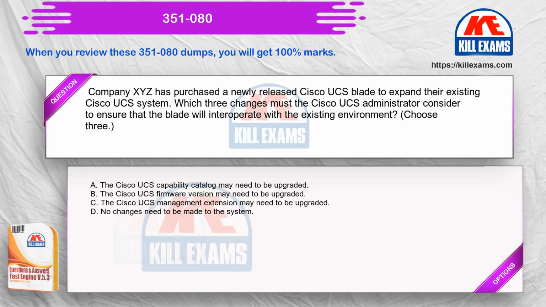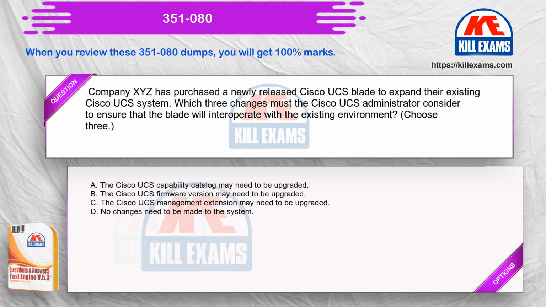Company XYZ has purchased a newly released Cisco UCS blade to expand their existing Cisco UCS system. Which three changes must the Cisco UCS administrator consider to ensure that the blade will interoperate with the existing environment? Choose 3. Option A. The Cisco UCS capability catalog may need to be upgraded.